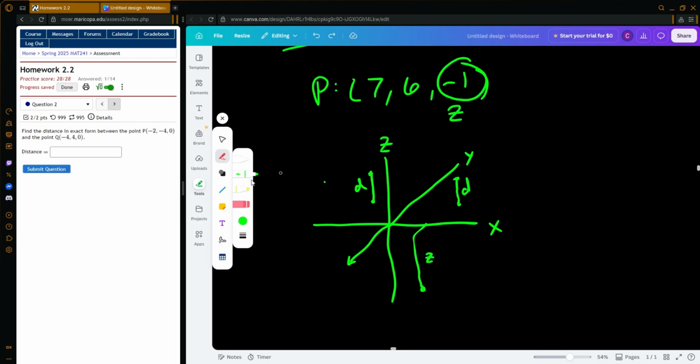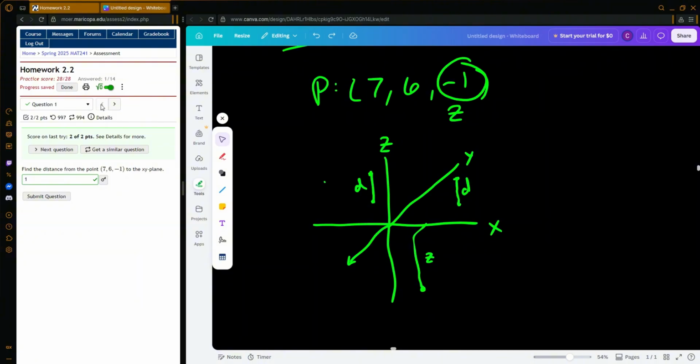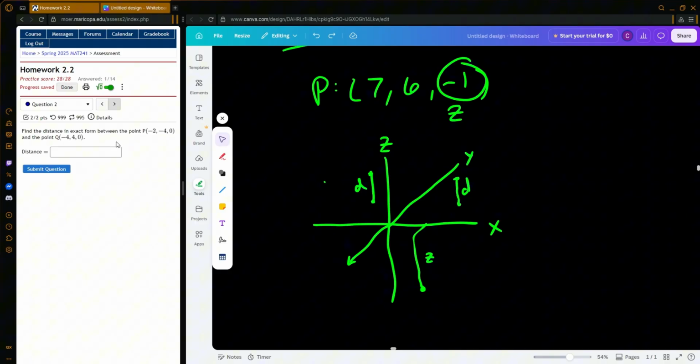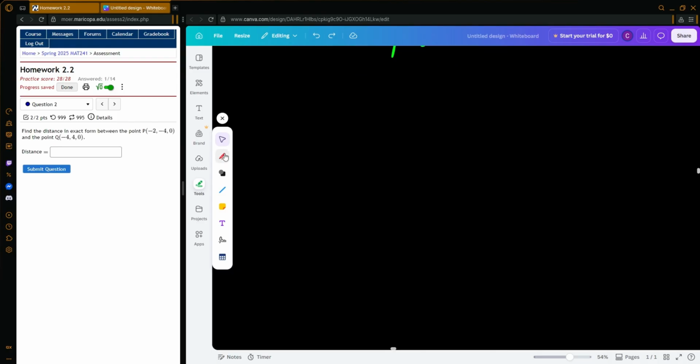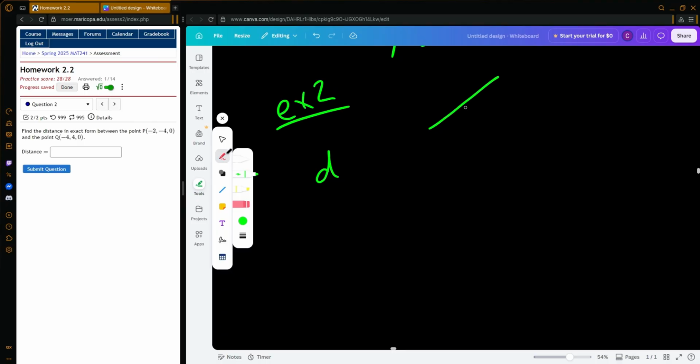So we'll go on to number 2. Find the distance in exact form between the points P and Q. So find the distance between these 2 points. Okay, so for that we're just going to use the distance formula. The distance formula comes from the Pythagorean theorem.